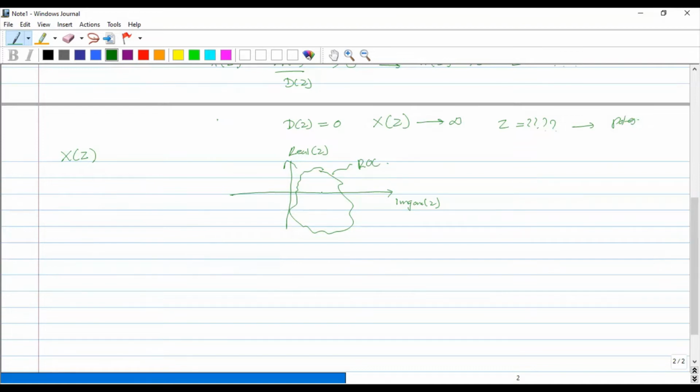Different signals, different sequences, will have different regions of convergence. If we set this X(z) to 0 and find the z values, those z values are also in this z plane, so we can plot those z values.